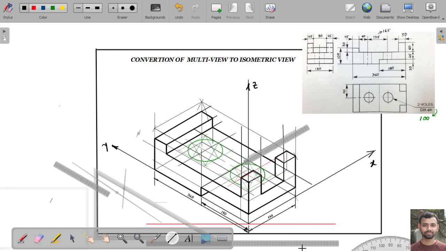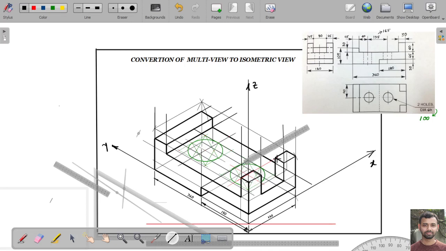So then this point to this point, this distance is given, and okay, and this point, this distance is also given, and okay, this height.